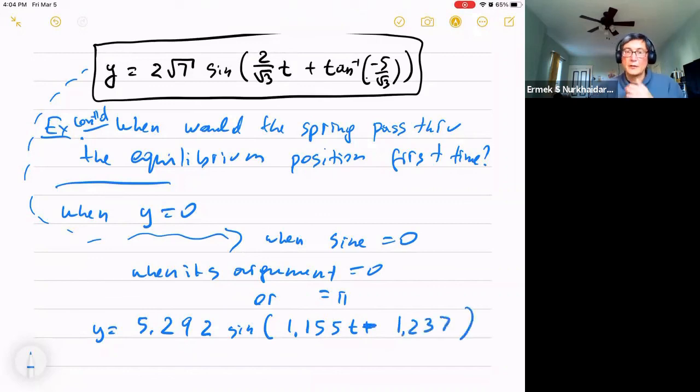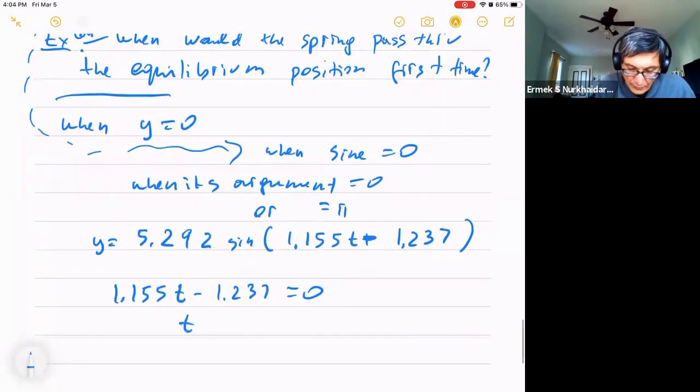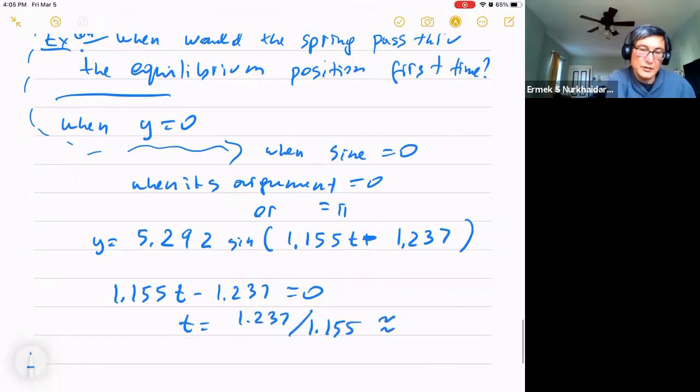Okay, like that. Now we set the argument equal to 0. We're going to get t equals 1.237 divided by 0.155, which is approximately 1.07, depending on the units, seconds or whatever, minutes.